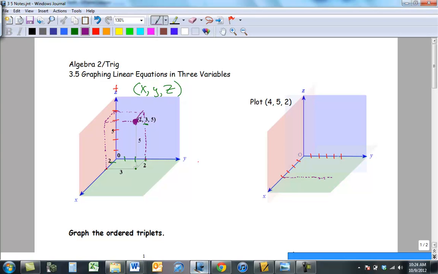And then from where y is 5, go parallel to the x-axis like this. And that intersection point is the point (4, 5). Now, from that point, we have to go up 2 units. So, up 2 units will be something like that.